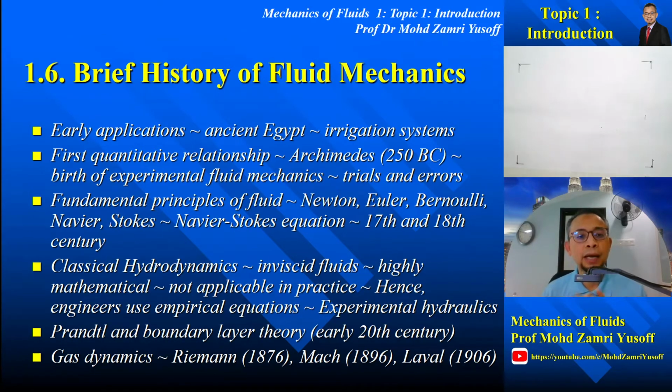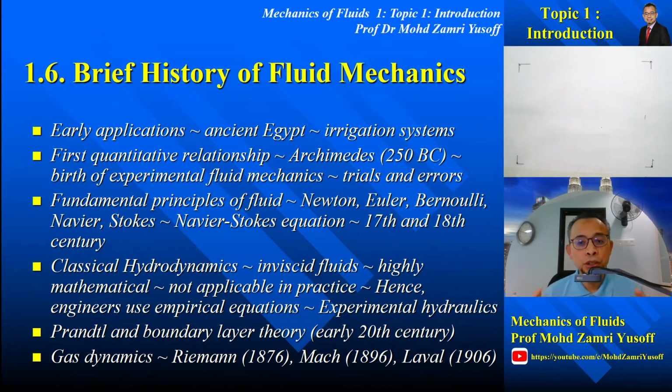After that, there was a lot of work attempting to solve these equations. The Navier-Stokes equation is very complex because it is a second-order partial nonlinear coupled differential equation, for which until now there are no exact solutions. But if we apply certain simplifications, we can obtain, in some cases, exact solutions.